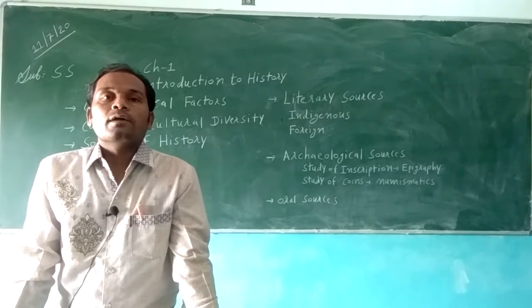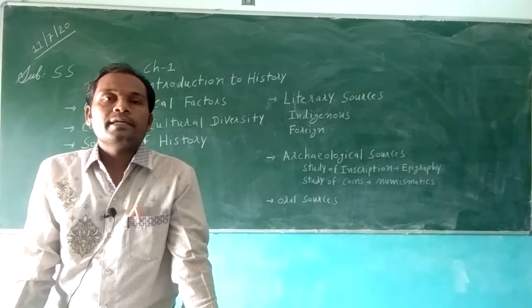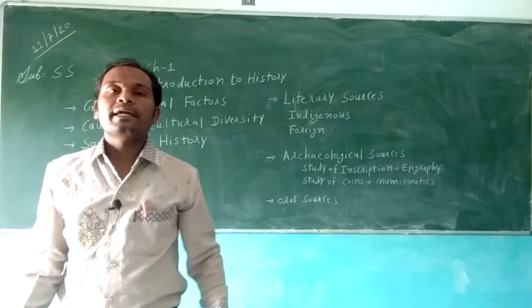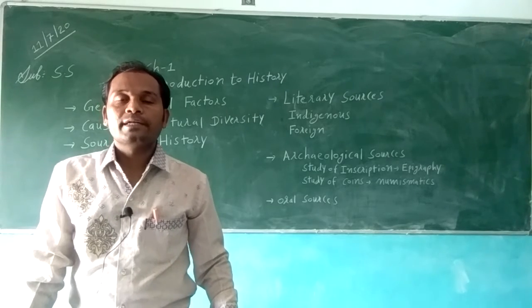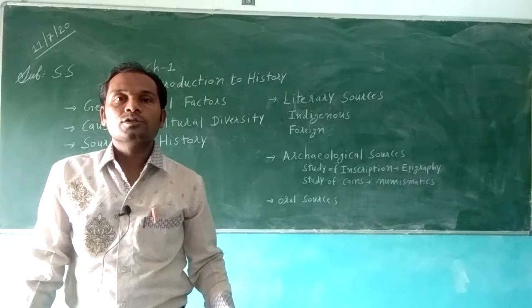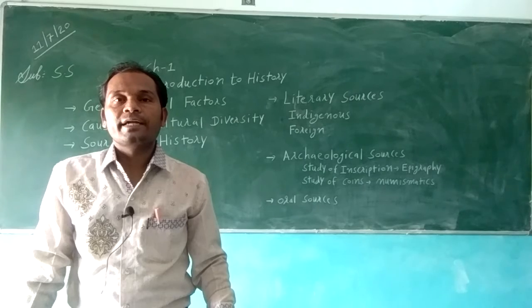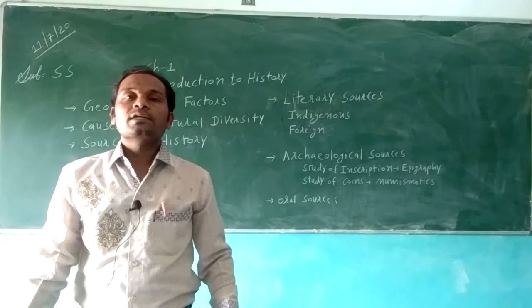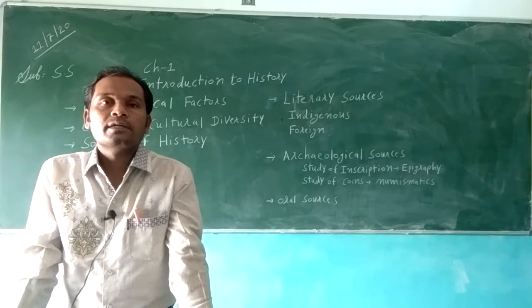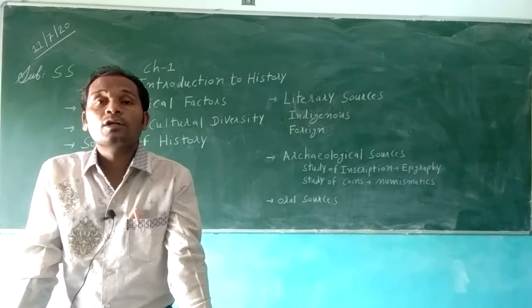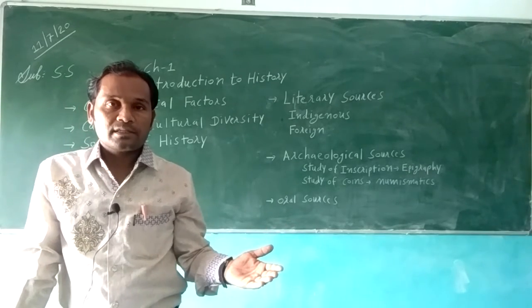If we get olden coins, we get a record of all the kings: which king issued that coin and in which year. Some monuments are there, like cave paintings, mosques and temples. On the walls of olden temples, many paintings are drawn.